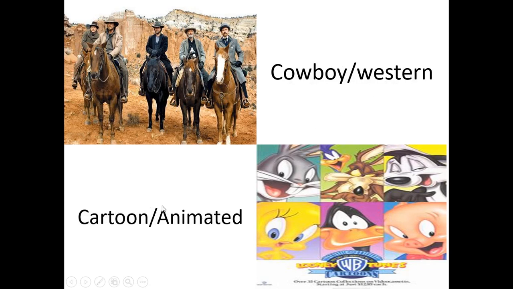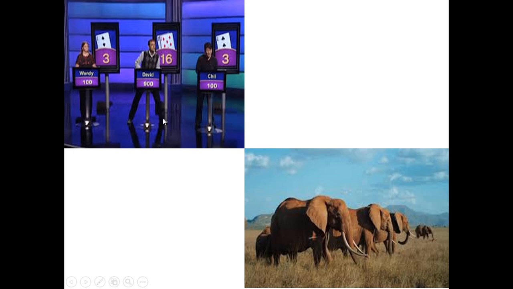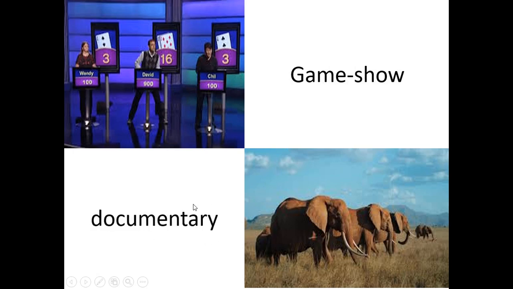Cowboy, western, cartoon, animated. Next, sometimes you see this, like we have three people playing together. So this is a game show, they're playing a game show, and that's of course a documentary, a documentary of animals, a documentary of nature.